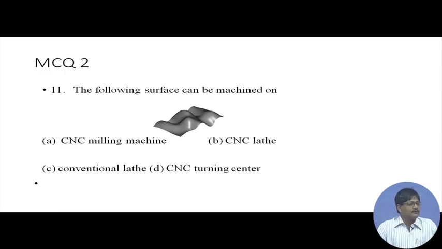MCQ 2. The following surface can be machined on. So, what is the surface like? The surface is uneven, smooth, but it has undulations, irregular undulations, and this sort of surface is referred to as a freeform surface. Do we have the application of such surfaces in engineering practice?